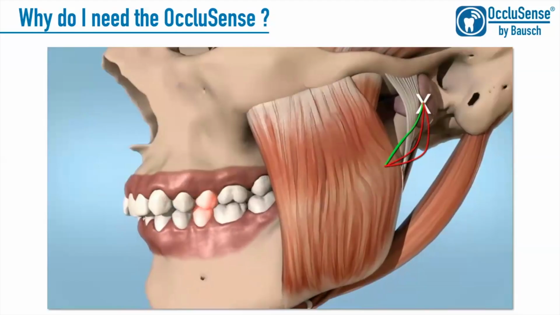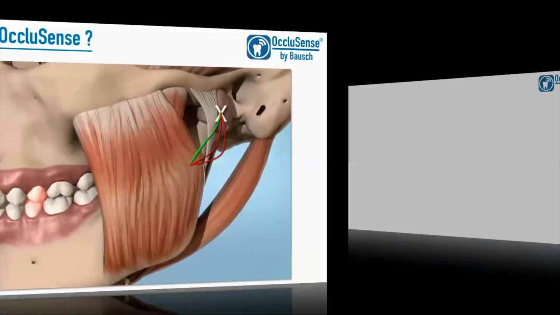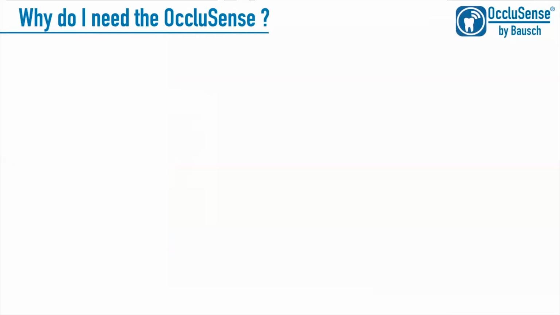This also means that any interferences in the system are much more difficult to diagnose and also to feel by the patient. So an implanted construction would, in my opinion, be one indication where you can use and you should use OccluSense.